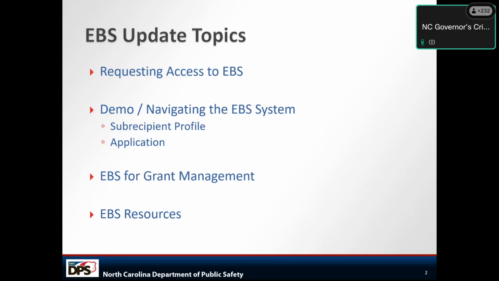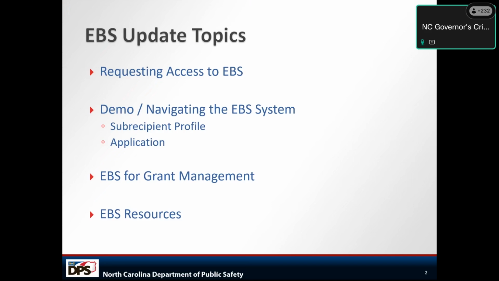It's actually built by the Department of Transportation. So if you deal with their help desk or when you're getting your access, you'll get emails that end in at NCDOT. So that's why you're seeing Department of Transportation emails. This system is actually managed out of the Department of Transportation, but they work with us to build the features and the things that we need to manage our grants.